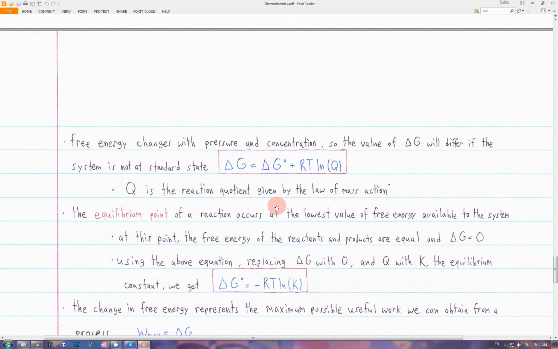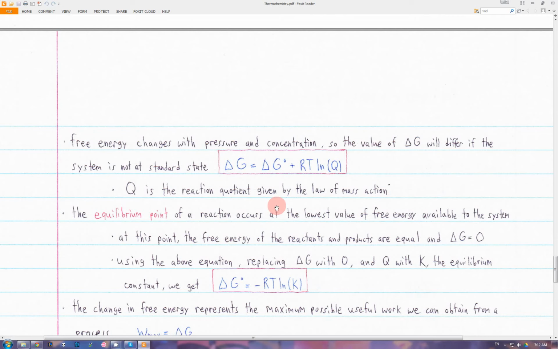Okay, so next we're going to be looking at the equilibrium point of a reaction from a thermodynamic point of view. The equilibrium point occurs at the lowest value of free energy available to the system. Spontaneous reactions have negative delta G, which means as the reactions occur, they're always losing free energy.